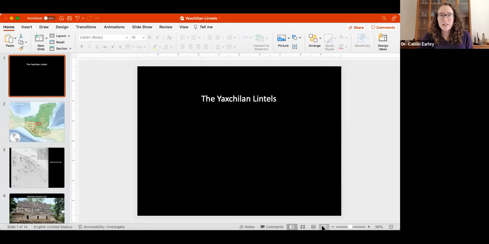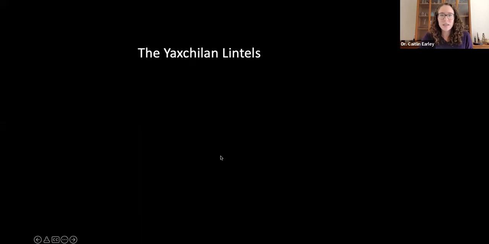So we are learning about Maya history as recorded by ancient Maya artists and scribes. We'll come back to this point throughout to think about how they are working to guide us through the sculptures that we're going to look at today. So I'm going to go ahead and share my screen, to get started with these lintels.